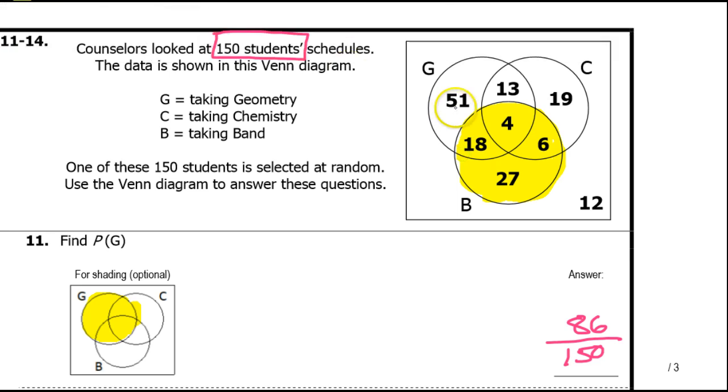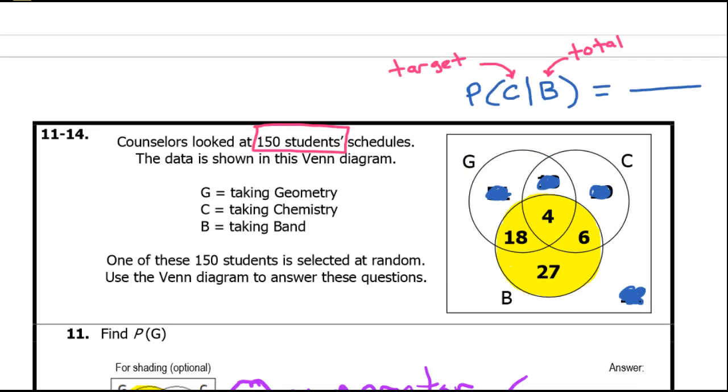So we're going to cross out the 51 and the 13 and the 19 and the 12. So this is the new total. The new total will be 55. If you add up these four numbers, you're going to get 55. So that is the new total.